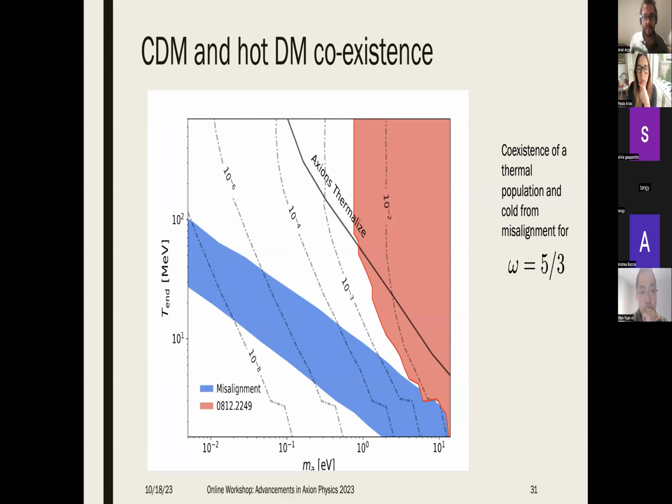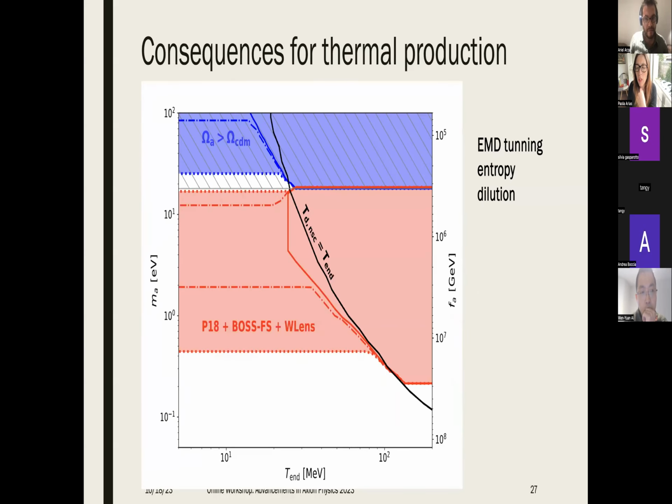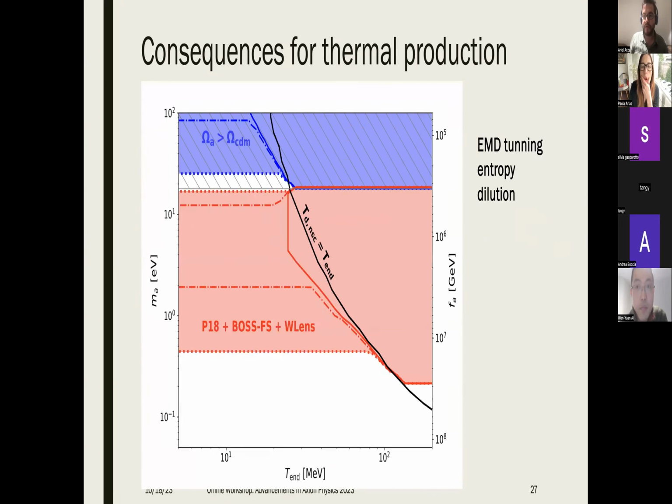So in this plot, for instance, or the coexistence, I don't think I'm following what you mean. You have a relic abundance in the non-standard cosmology with the thermal axion, and you also have this for the standard cosmology.